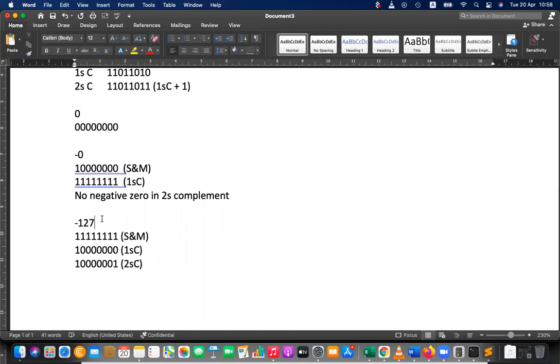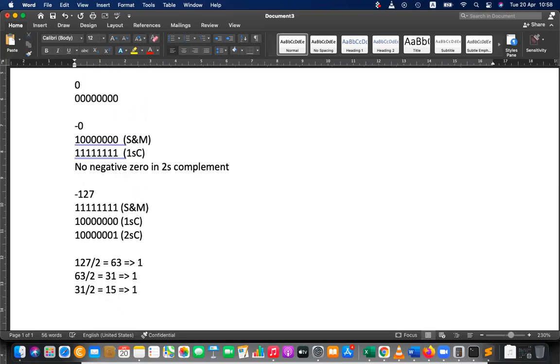So divide again and see. 127 divided by 2 is 63, remaining 1. 63 divided by 2 is 31, remaining 1. 31 divided by 2 is 15 and remaining 1. 15 divided by 2 is 7, remaining 1.